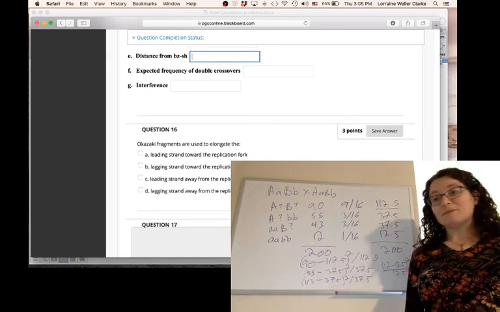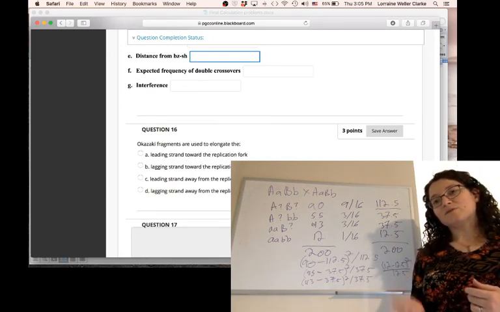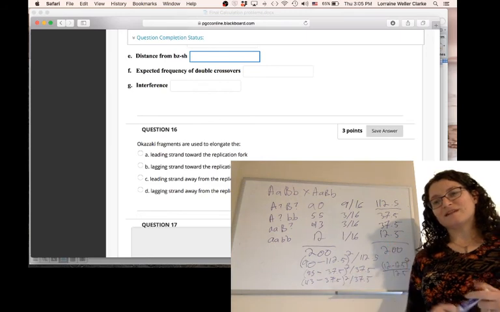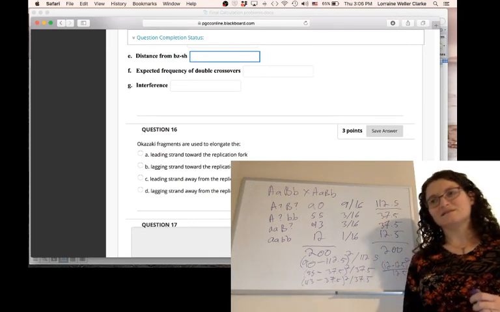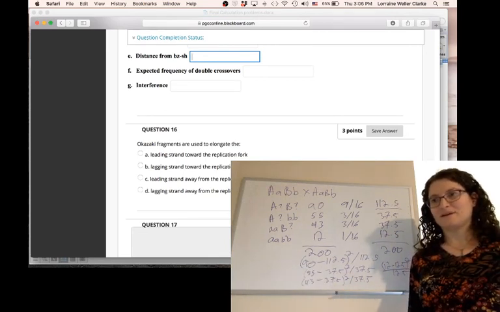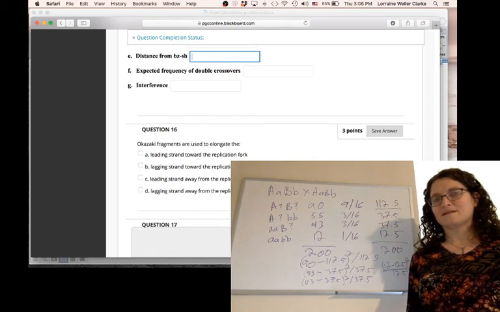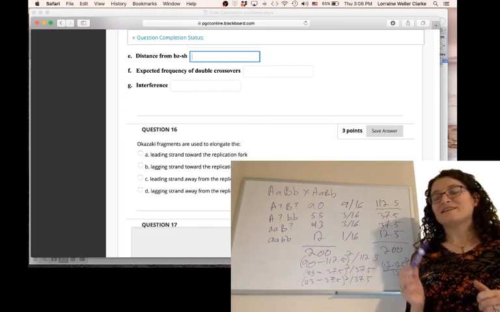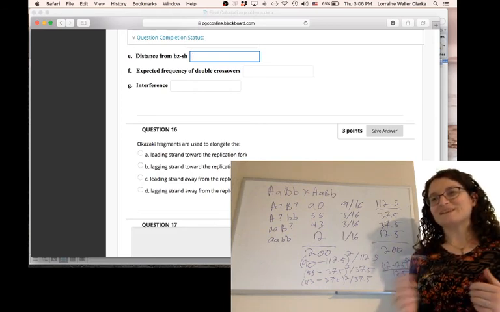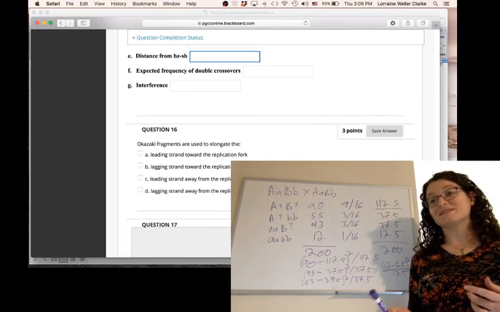Maybe it's a linked gene, maybe not, but you would reject the null hypothesis and say, no, something is happening here. This is not what I expected, okay? You would have a significant result, indicating that these are not in Mendelian ratio, what you expected.